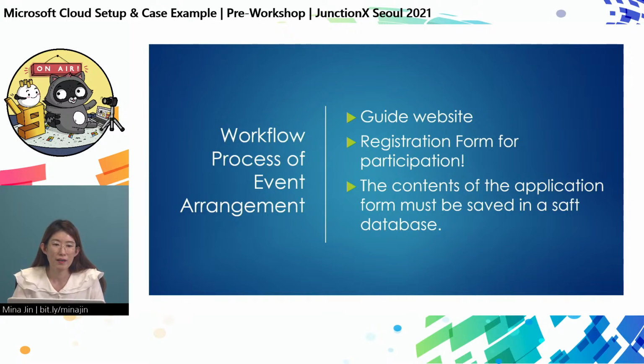by just making the workflows? In the workflow, the process of the event arrangement, we should make a guide website first. And let's make a registration form for participants. And also the contents of the application form must be saved in the database as well.